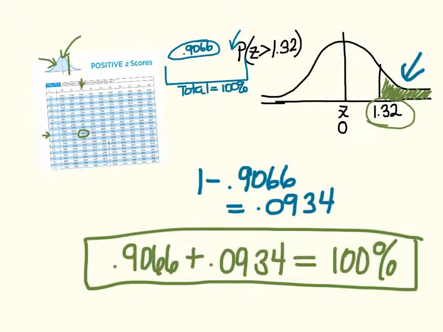The reason these add up to 100% is because I've calculated the area for both portions around that z-score. Out of the chart, I found the larger portion, and from subtracting from 1, I found the smaller unknown portion. So now you know why you need to subtract from 1 when reading from that portion of the z-score chart.